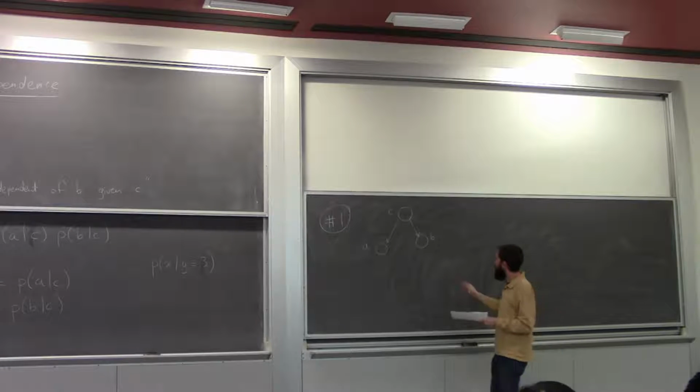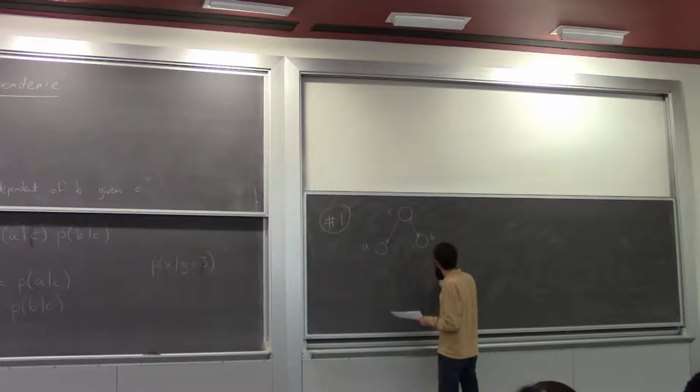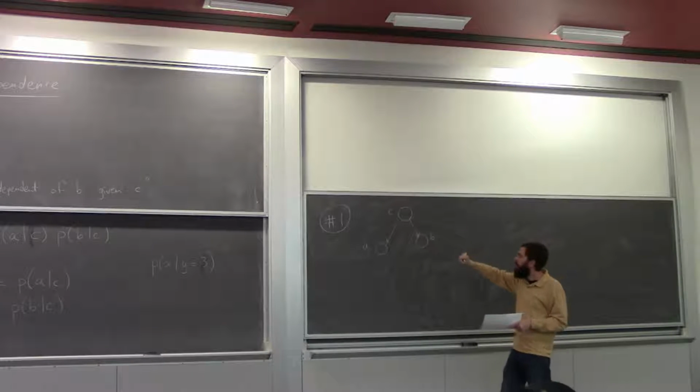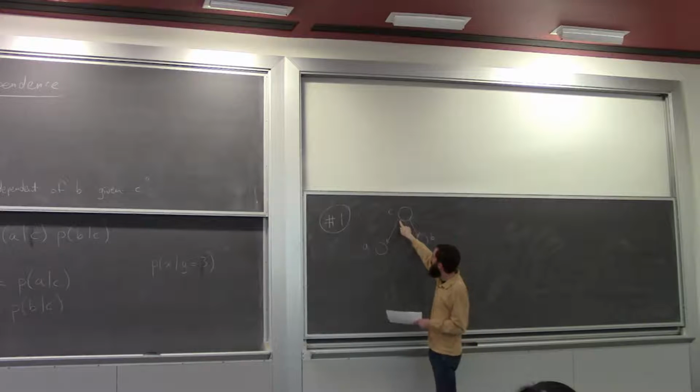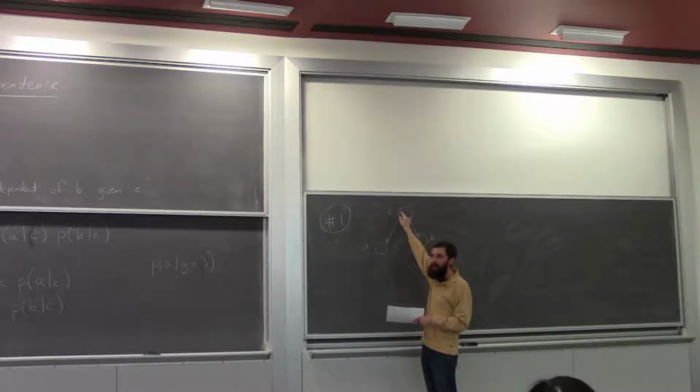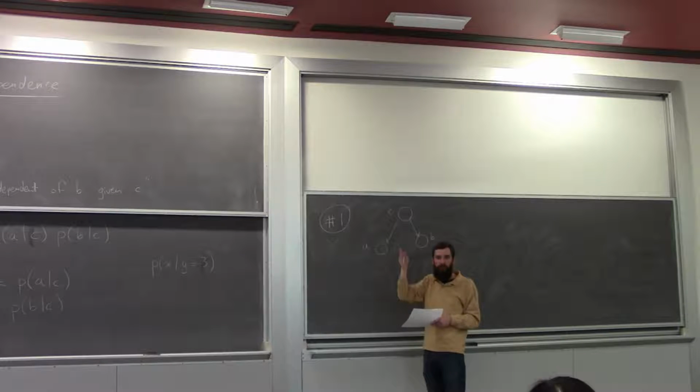Remember what we said about the meaning of these directed graphs: the joint distribution breaks down as each node conditioned on its parents, and if a node does not have any parents, you get just the factor P of C by itself with no condition.